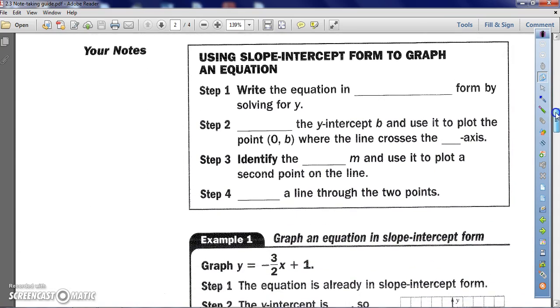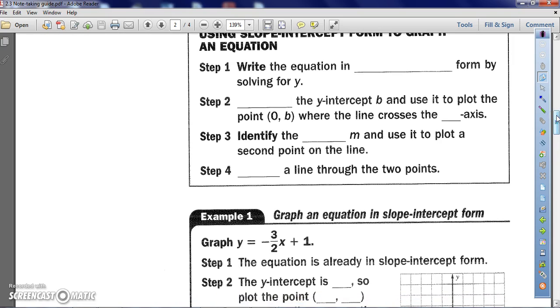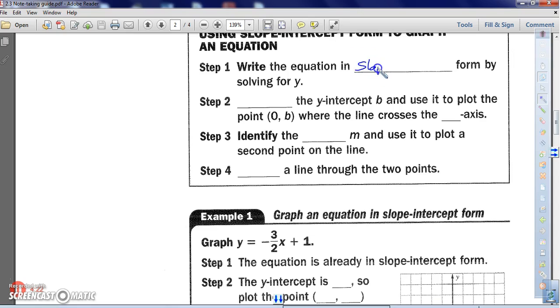How exactly do we graph a line that's in slope-intercept form? Well, first, we want to write the equation in slope-intercept form if it isn't already. Sometimes they already are, sometimes they're not.